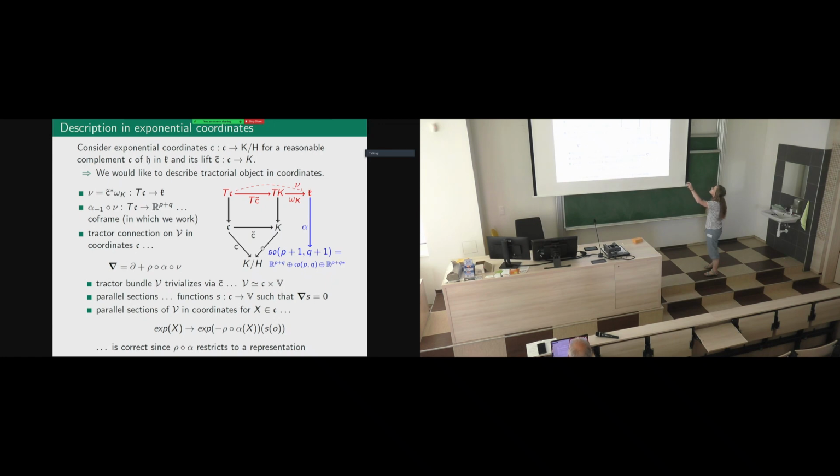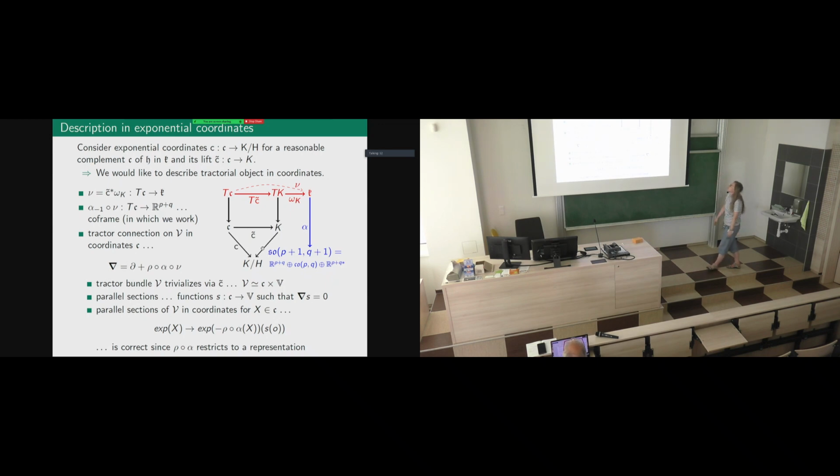So I was trying to picture here some diagram to make it easy. We have our homogeneous space, K mod H, and here from this complement C we have the coordinate map, and its lift, so we can go to the tangent level.